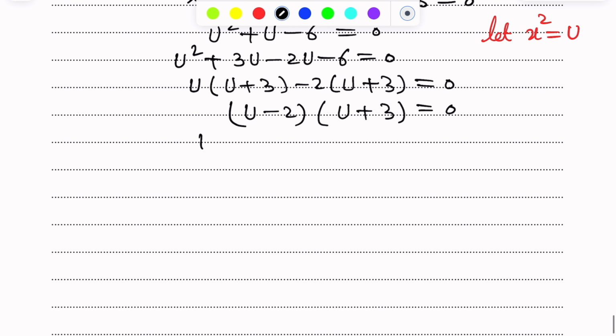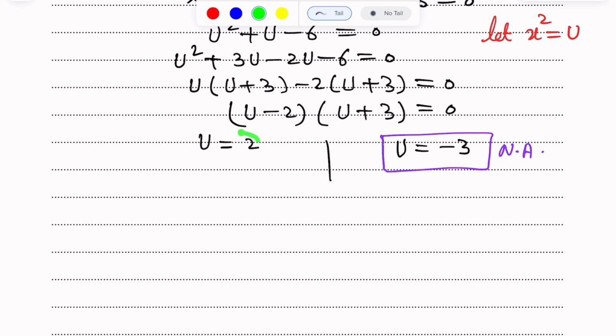From here u is equal to 2, u is equal to negative 3, which is not applicable. So only we have the value u is equal to 2.